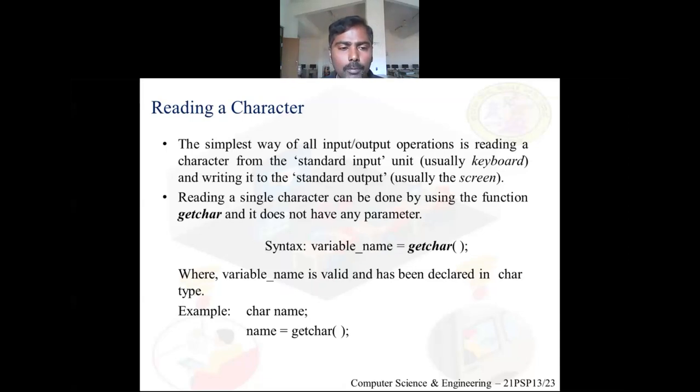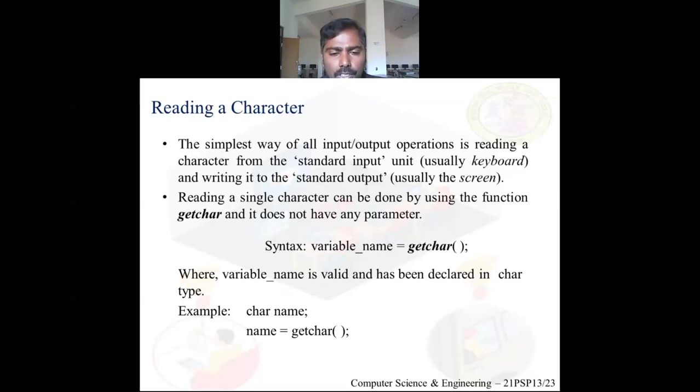Let me tell you about the example once again. char name is a declaration statement. It reserves 1 byte of memory location, and that memory location is referred to by a variable named name. Next statement, name equal to getchar.